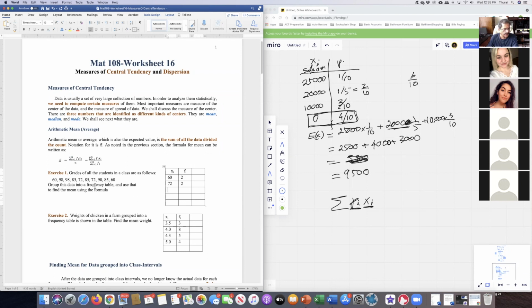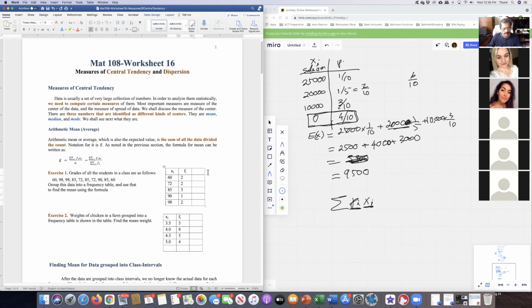And the next data is 85. 85 has what frequency? 3. Okay, and the next one is 90. And what's the frequency for that? 1. Okay. And then 98 is there with what frequency? 2.